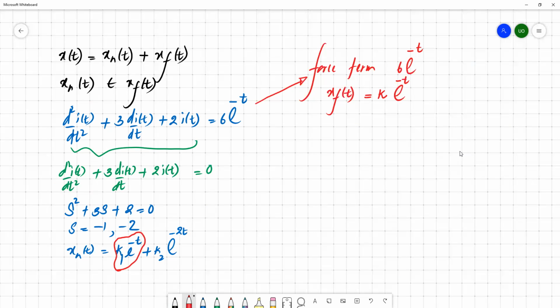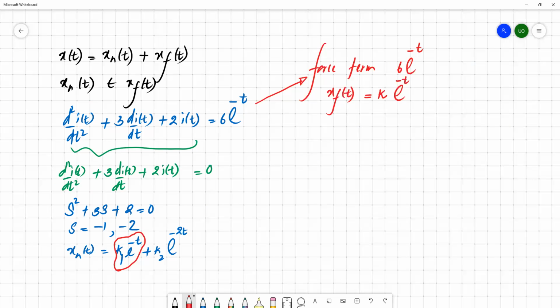So the natural response already embeds this forced response. You cannot have a forced response separately; it is already embedded in the natural response.